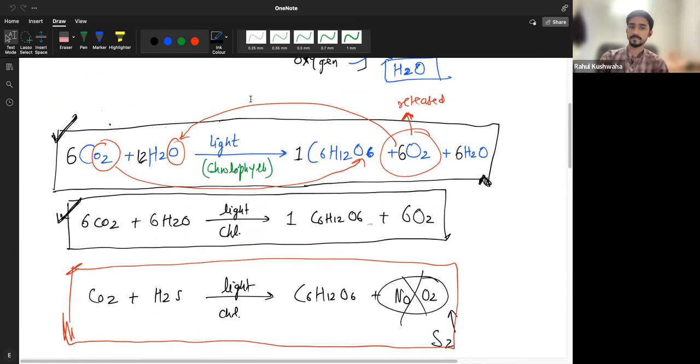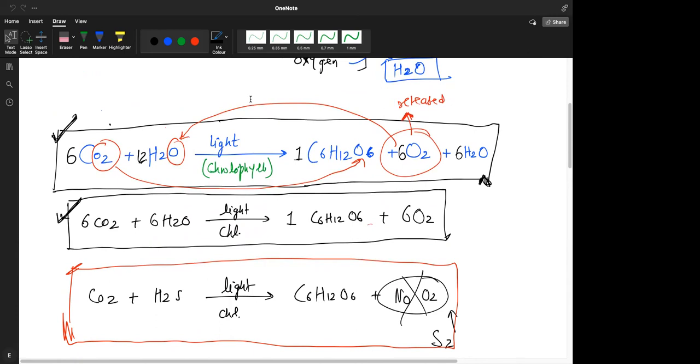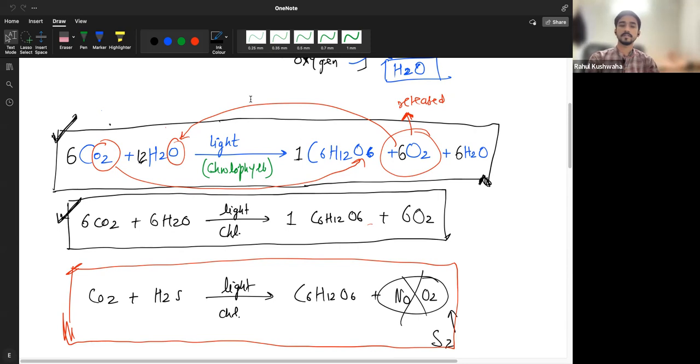And then he found out that instead of oxygen, sulfur was being released. So he figured out that whatever is present with H2, whether it's H2O or H2S, gets released. So even if it is water, we are not using that oxygen, we are releasing it out. So the oxygen that we are using to make starch is of carbon dioxide.